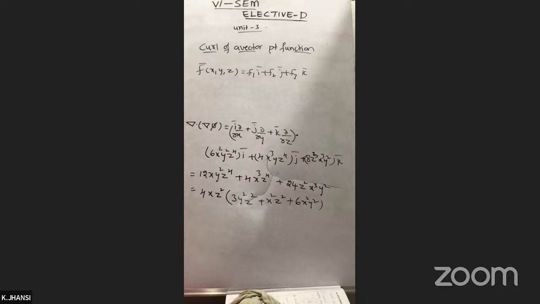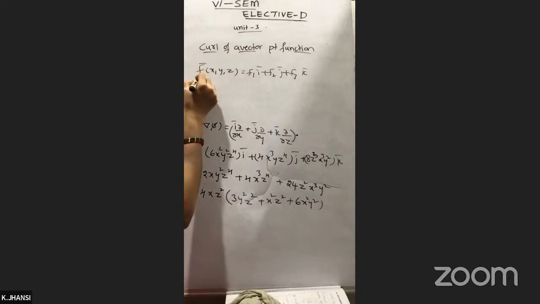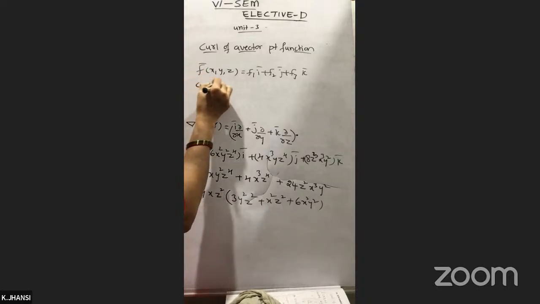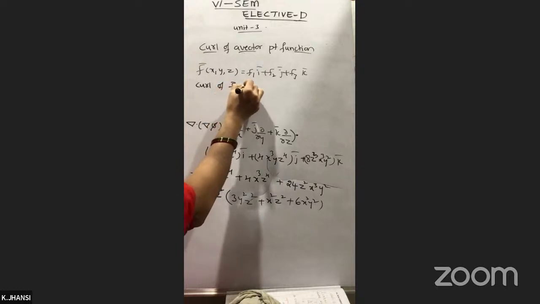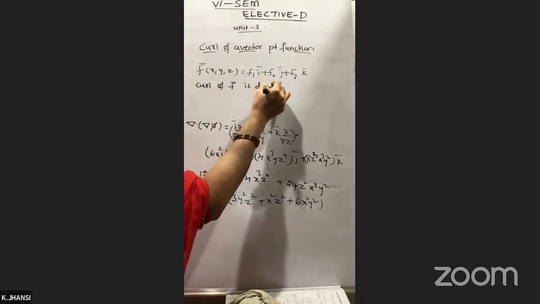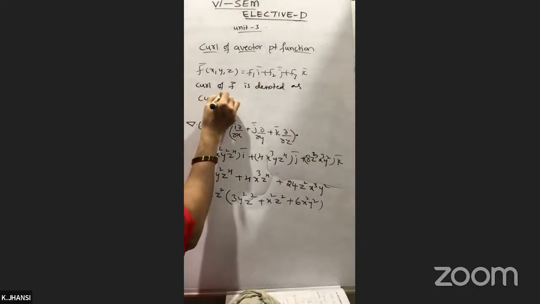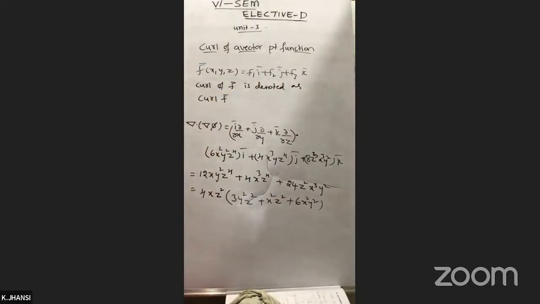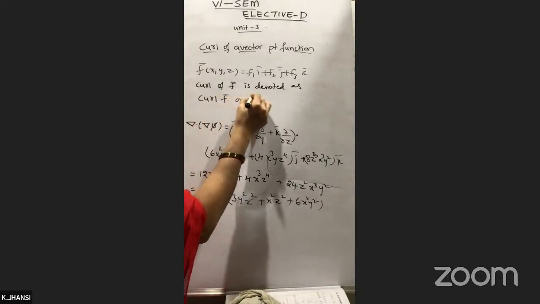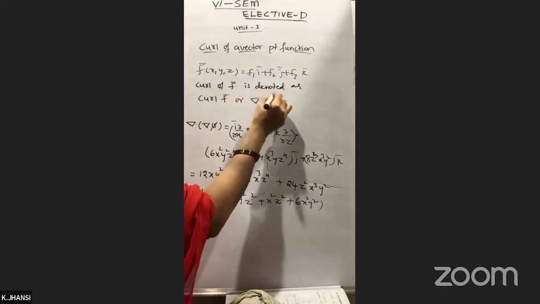Then curl f is denoted as curl f, or we define it as del cross f.